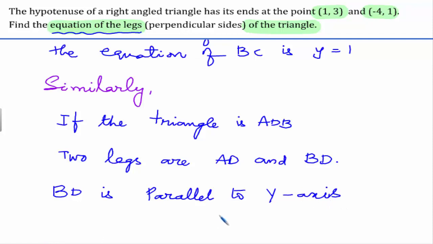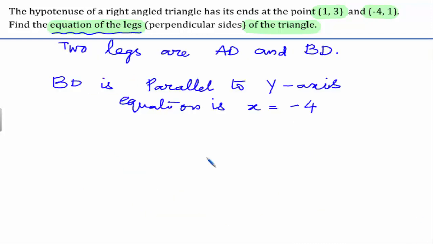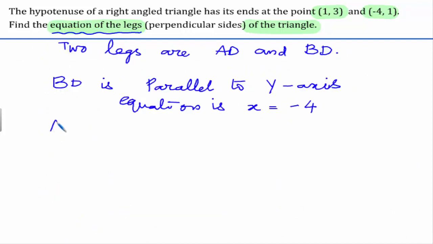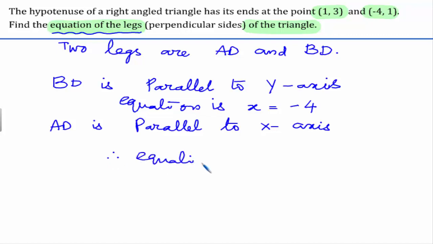So therefore the equation is x is equal to -4, and similarly the other leg, which is AD, is parallel to x-axis. So therefore equation of that line is y is equal to 3.